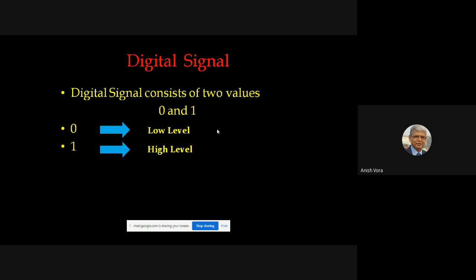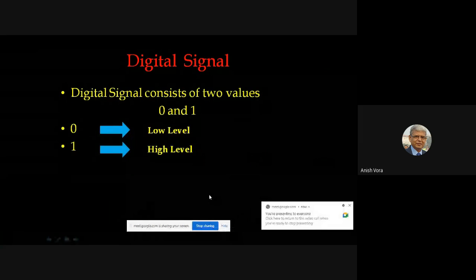So we have only two options to identify any signal. Either it is 0, meaning it is not there, or 1, meaning it is there, or high and low. In a digital signal there is no intermediate condition. Either the signal is there or the signal is not, right? So we have 0 and 1. The concept of 0 and 1 should be very clear.